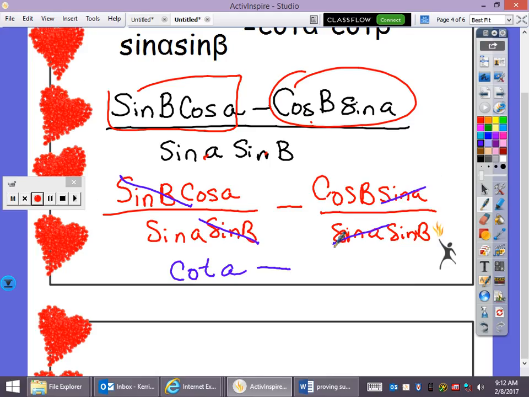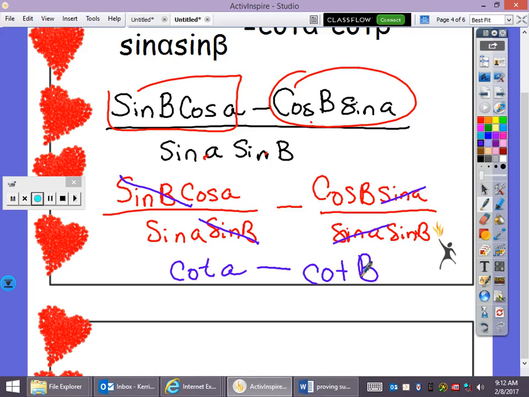The sine alpha cancels, and it leaves me with cotangent beta. Good? Better? Okay. Can I move on to 5 or not yet?